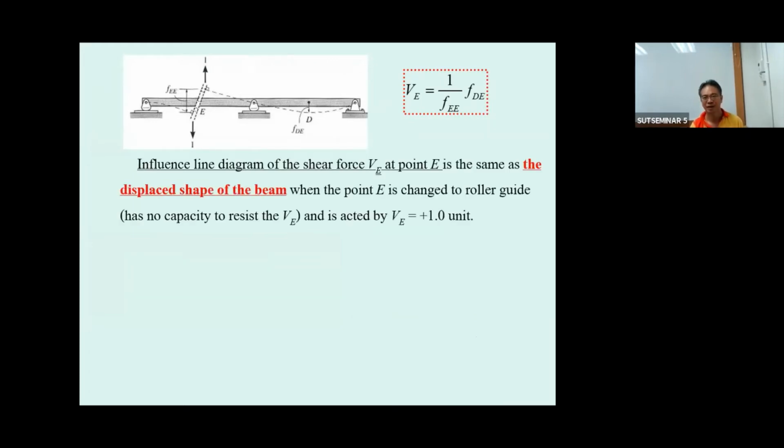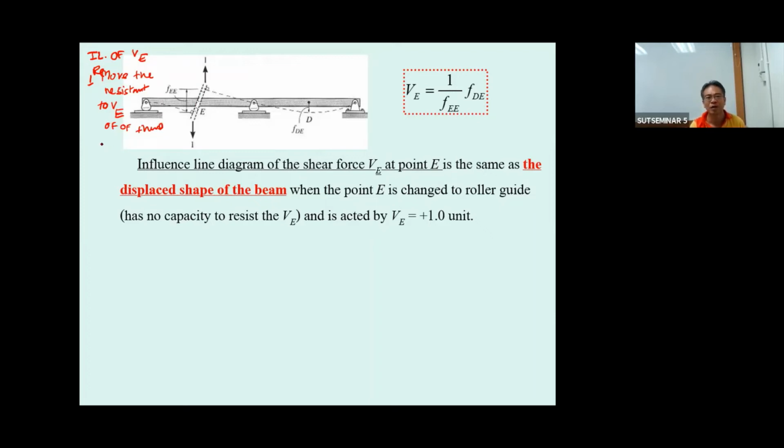And now, as before, what do you have to do? If you would like to draw the influence line of V sub E, first you have to remove the resistance to V sub E out of the beam.